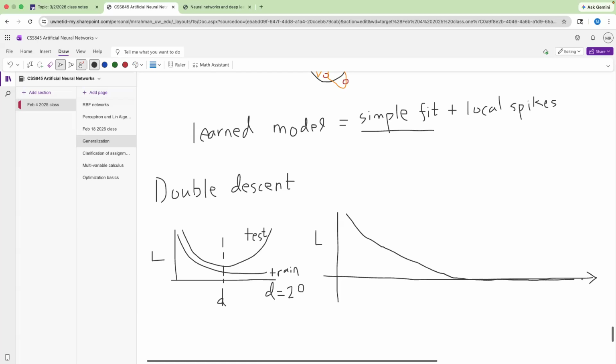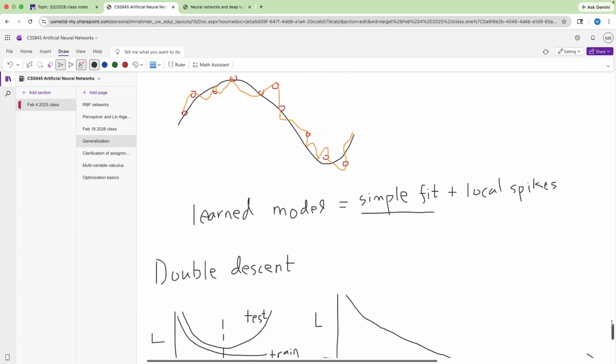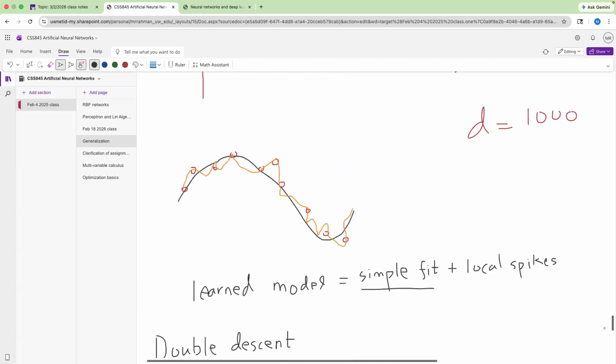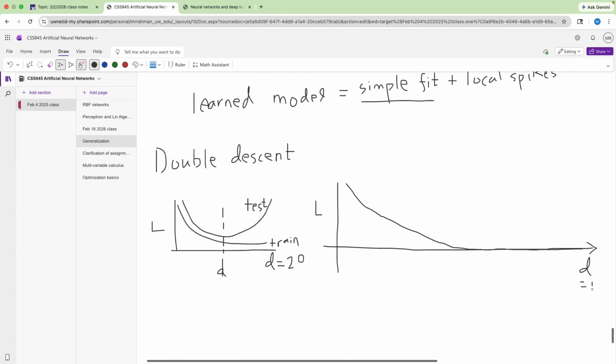So this is where my model complexity is increasing to, let's say, 1,000, which is what I'm showing here, where we have this very interesting high-dimensional behavior. Classical theory says that at this point we would be overfitting really badly, right? So this is my train.